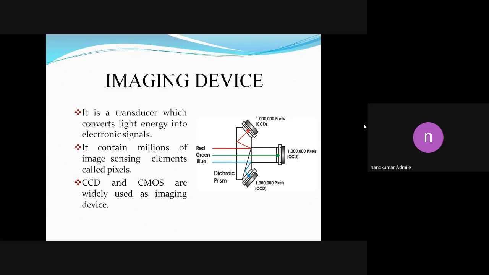For that, we need to convert the incident light into a digital signal. In order to convert this light into the electronic signal, we require the transducer. So it is a type of imaging device.